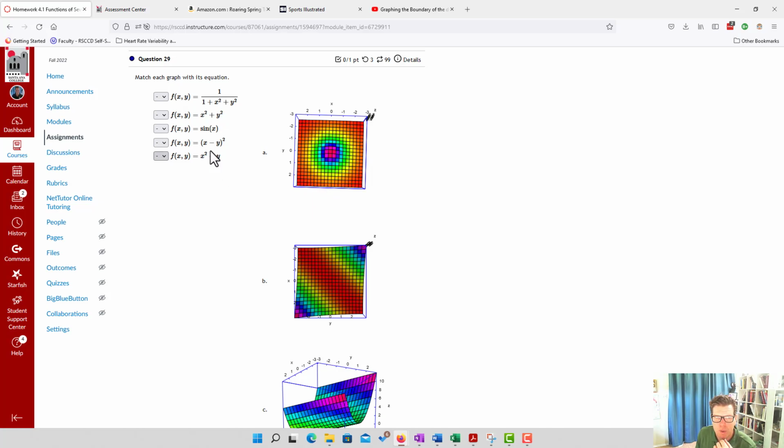Well, which one of these functions is going to end up being a circle if we set z equal to some constant? If I set z equal to some constant, x squared plus y squared equals z, that's it. Whatever the constant is, 1, 2, 3, 4, 5, I end up with level curves x squared plus y squared equals z.